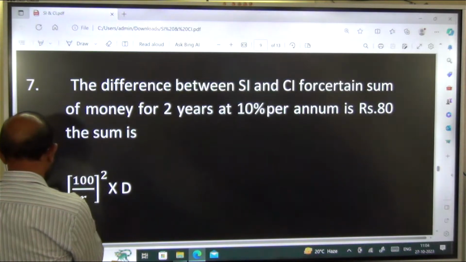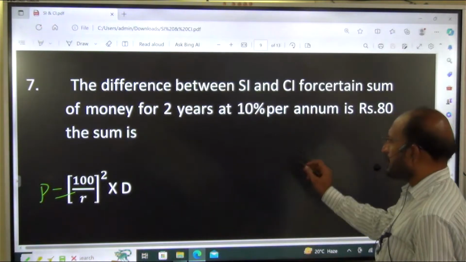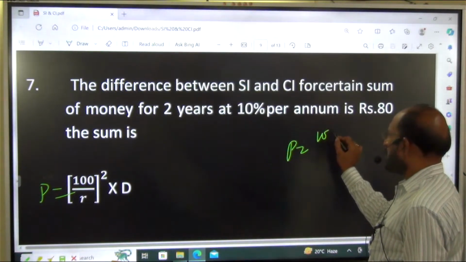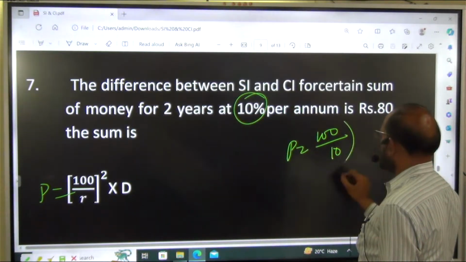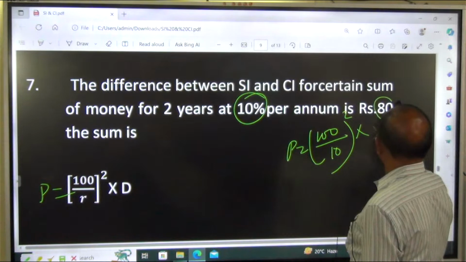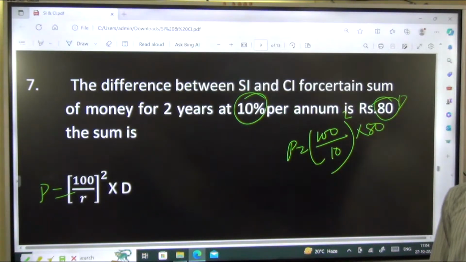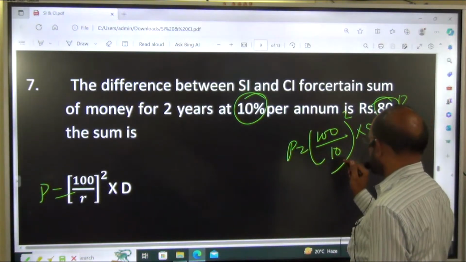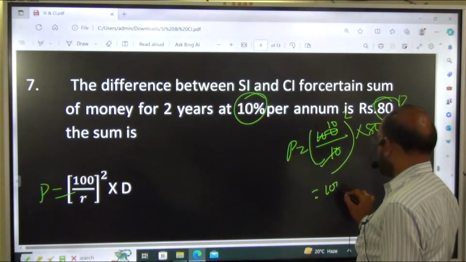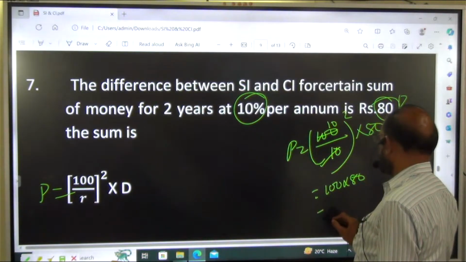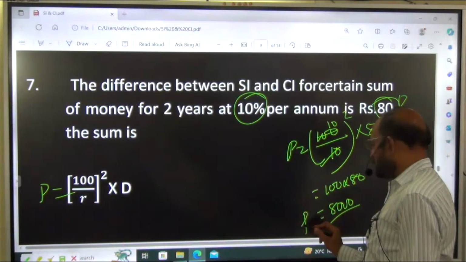Apply this formula: P is equal to 100 by R, rate of interest 10%, whole square into 80 rupees as D. The difference is 80. Calculate that answer. 10 ones, 10 tens. 10 square means 100 into 80. So how much? 8,000 is the principal.